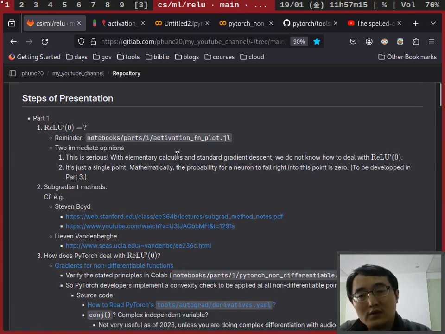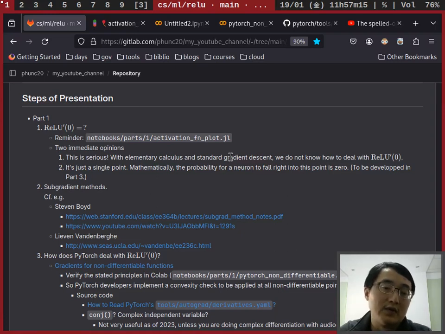But there might be some people that have opposing arguments with me. They would say, let's not worry about ReLU prime 0 because that's just a single point, and if we randomly initialize the weight of a neural network and the data is also random enough, then the probability for a neuron to fall into the point 0 is nearly 0, or with a very, very low probability.